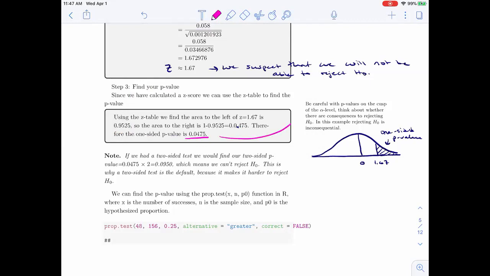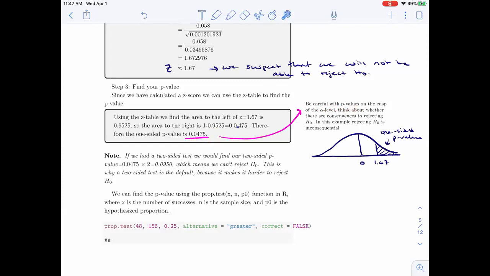One thing that I will say, this 0.0475 is less than our alpha level. And we needed a one-sided p-value because we had a one-sided test. This is less than our alpha level, but it's pretty close to 0.05. And so I've just got a little note here.